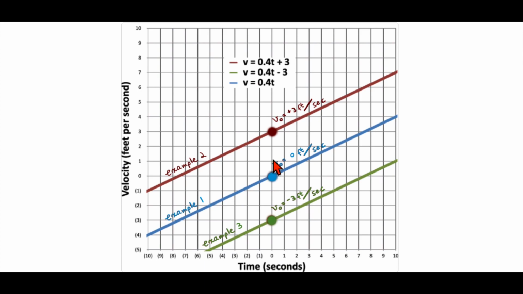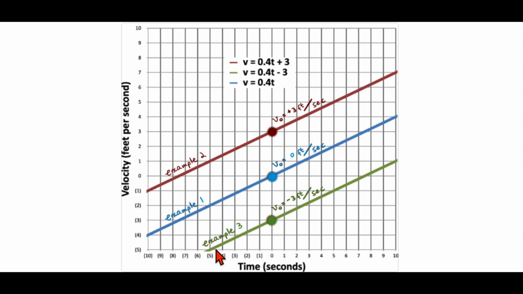For example 2, at time 0, it's already traveling 3 feet per second. So here it is, 3 feet per second. It was at rest 7.5 seconds earlier. So 7.5 seconds earlier, example 2 is at rest. 7.5 seconds goes by. Now it's traveling at 3 feet per second, and it continues on to the right as it travels towards 100 feet to the right.